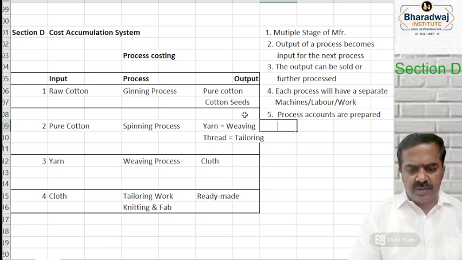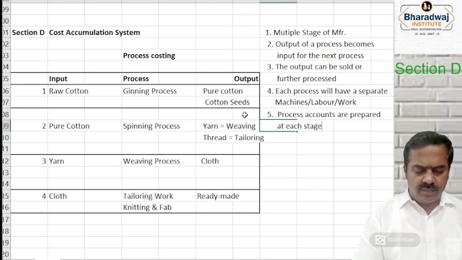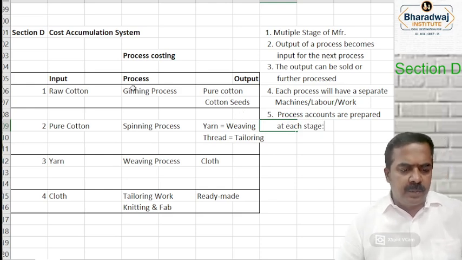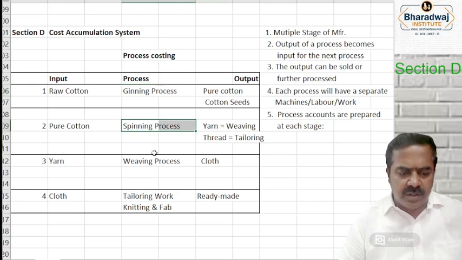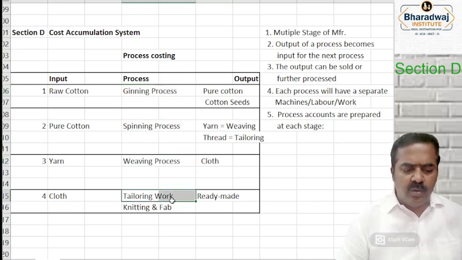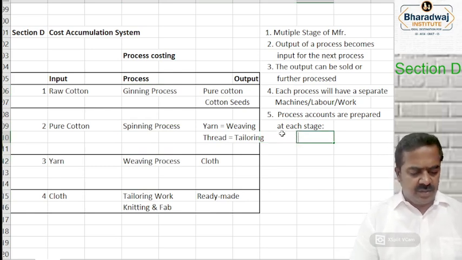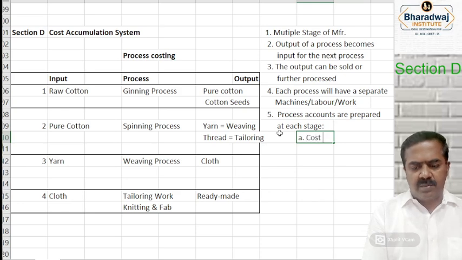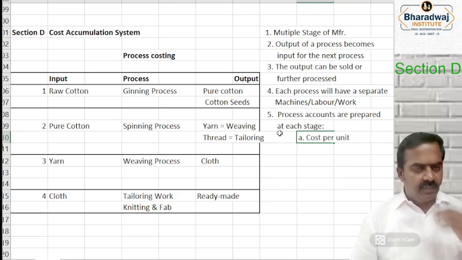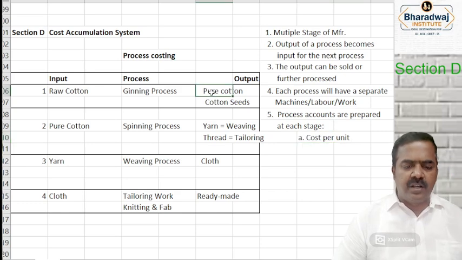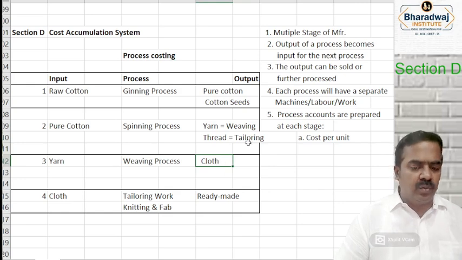At each stage, we need to prepare a ginning process account, a spinning process account, a weaving process account, a tailoring work account. Why do you want to prepare them? Simple. We want to find out cost per unit at each stage: what is the cost per kilogram of pure cotton, yarn, cloth? Why? To decide make versus buy.